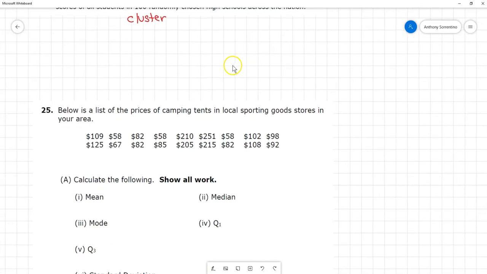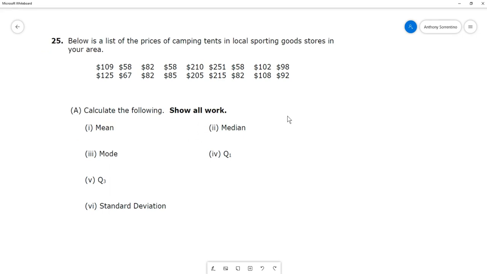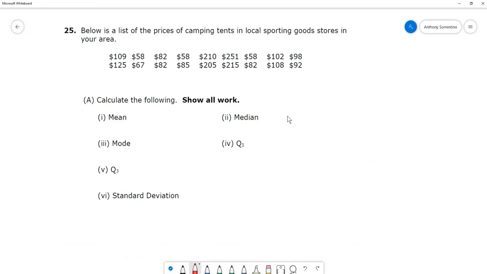For number 25, you were asked to calculate various things. Some of them are quite easy, and some are a little more involved. Now, for the mean, not so much, but for the median, the mode, Q1 and Q3, you really should have the data in order.